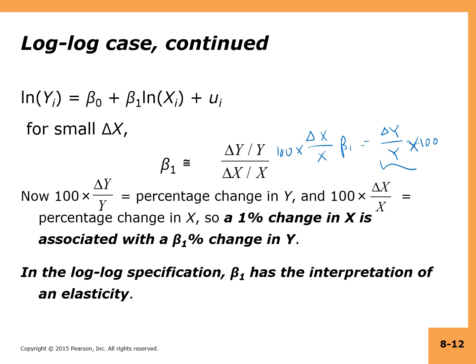This shows that when x increases by 1%, y would also increase by beta 1%. So a log-log function usually has an interpretation of elasticity, because the coefficient tells you how much y changes in percent when x changes by 1%.